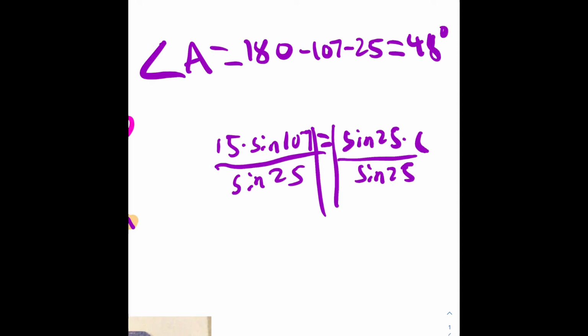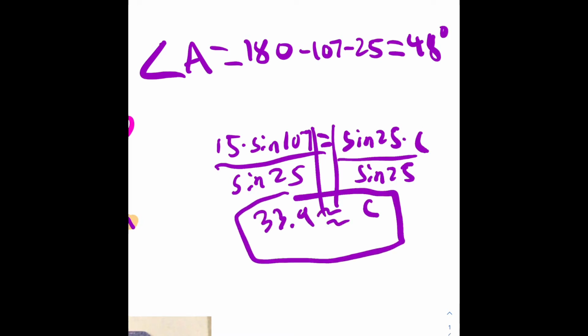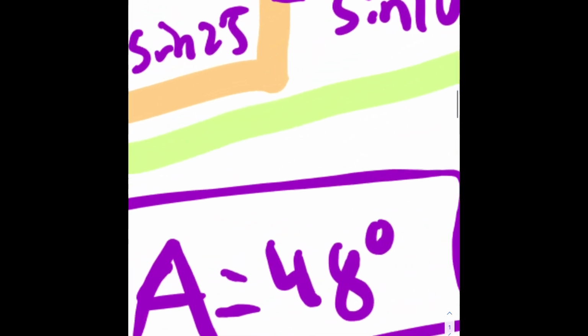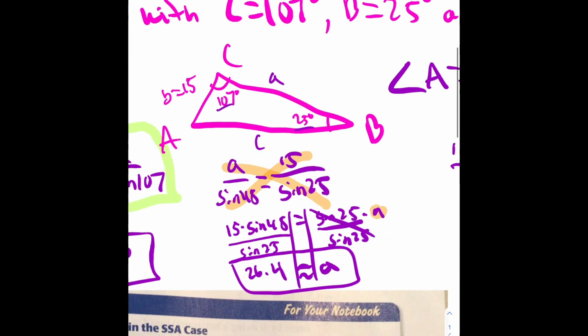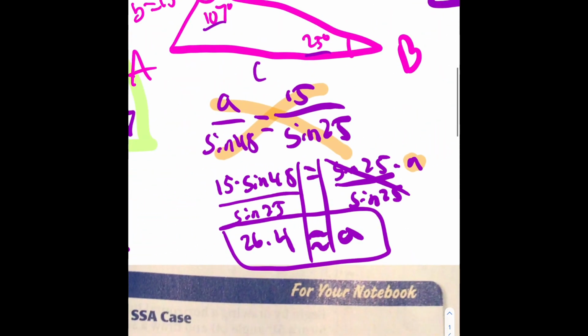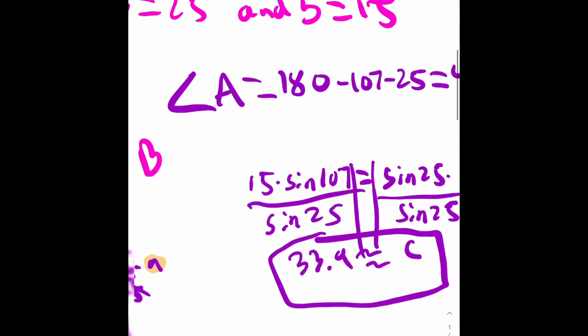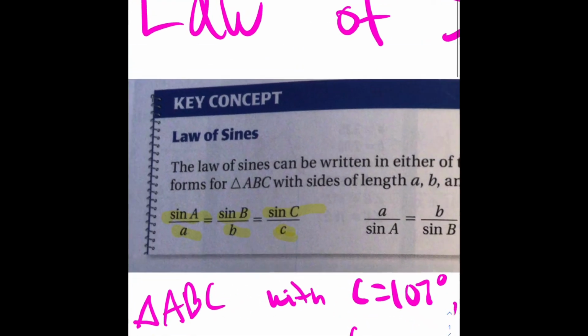So if you take 15 times sine 107, divide it by sine of 25, you should get C is approximately 33.9. So my three answers, and I needed three, are: angle A is 48 degrees, side A is 26.4, and side C is 33.9.